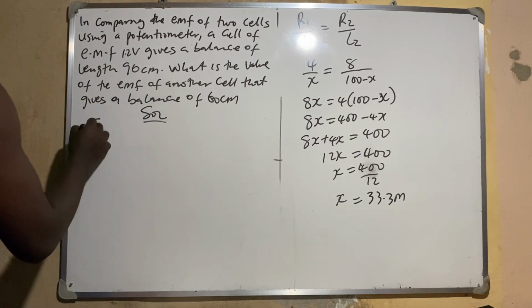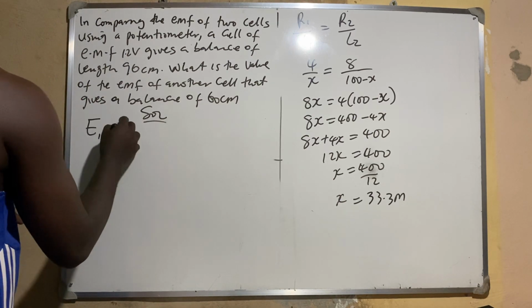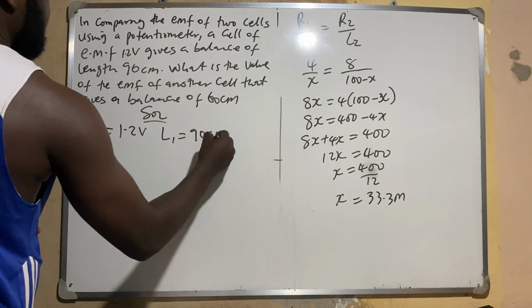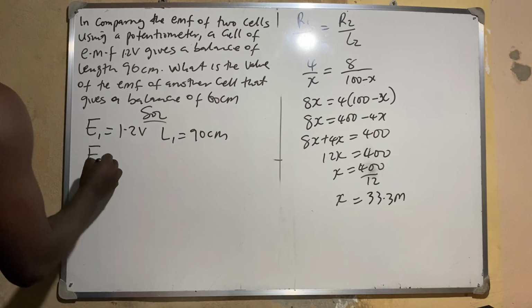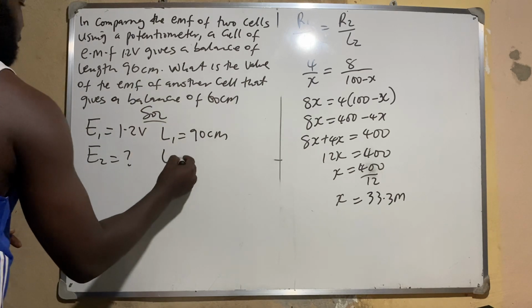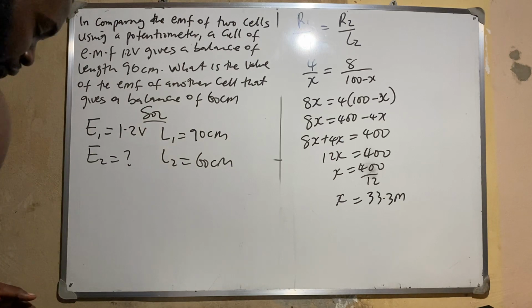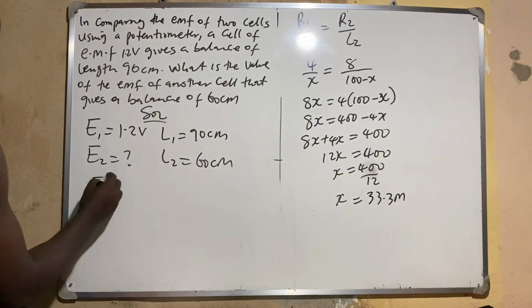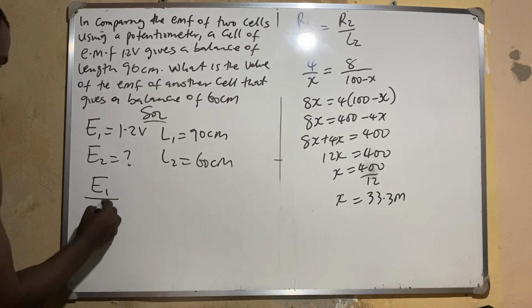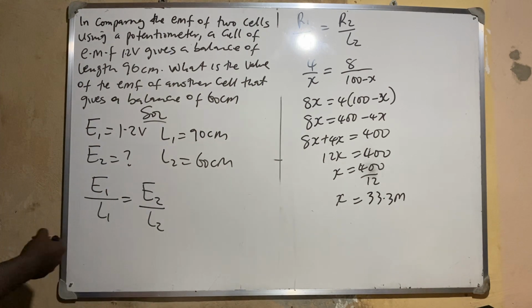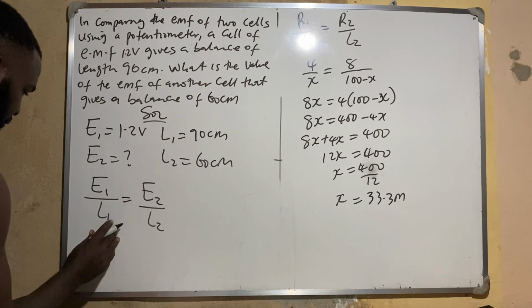You have that your EMF 1 is equal to 1.2 volts, and the length 1 is 90 cm. So the EMF 2 is unknown, but the length 2 is 60 cm. A very simple formula says that your EMF 1 over L1 is equal to your EMF 2 over L2. I'm looking for my EMF 2.